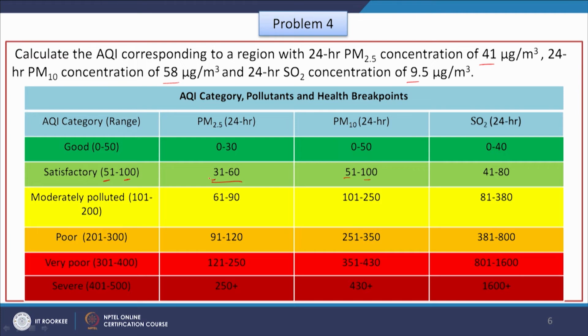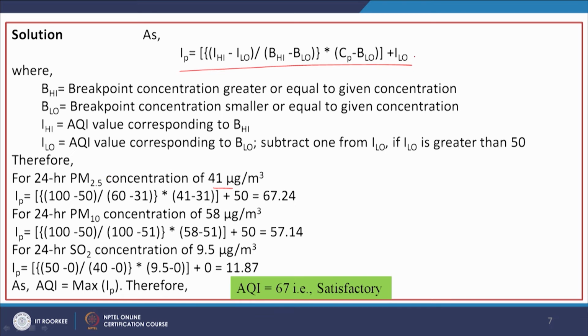BLO is 31 and BHI is 60 for this case, Cp is 41, and ILO which we will consider is 51 minus 1, that is 50. So in this expression now we will put the values. For PM 2.5, that is IHI 100 minus ILO 50, although it is 51.